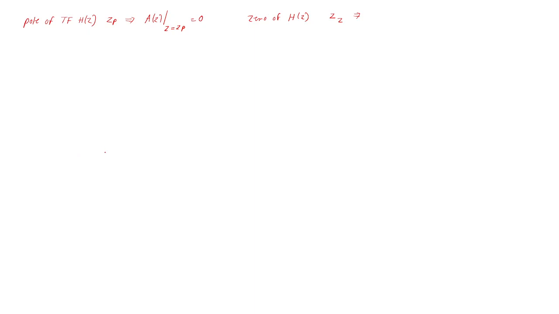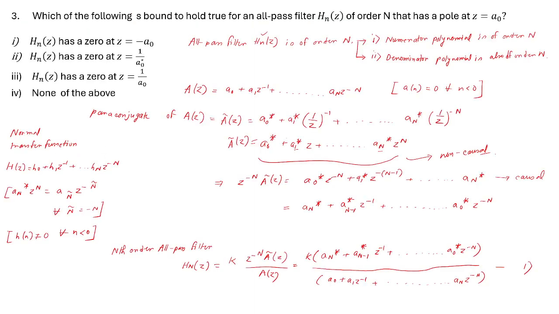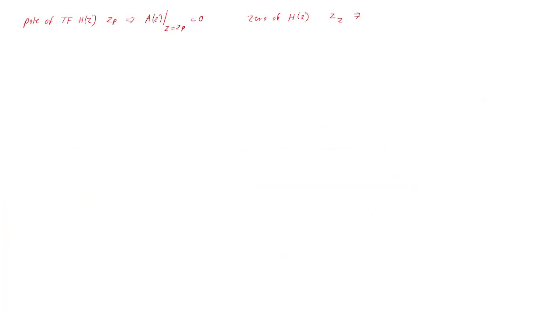So in this particular case, for the all-pass filter, we have seen your numerator is z to the power minus n A tilde(z). In this particular case of the all-pass filter, when this is evaluated at z equal to z_z, this should go to 0. So these are the relations between the poles and zeros and the numerator and denominator polynomials.